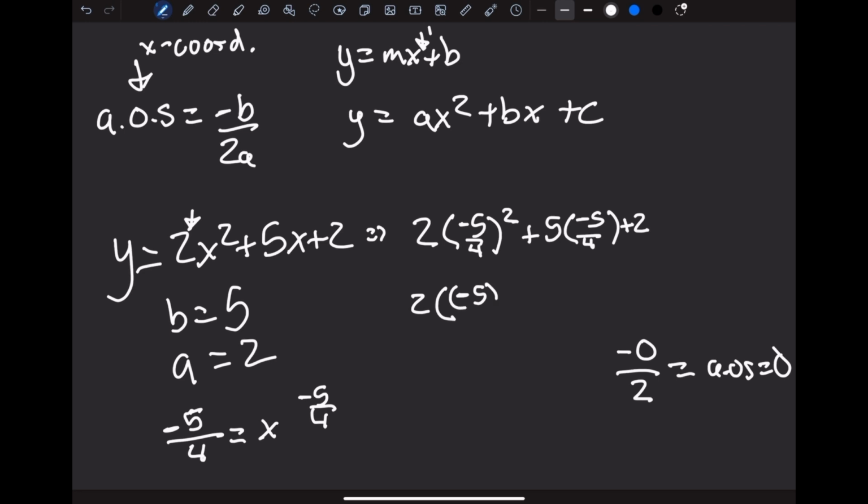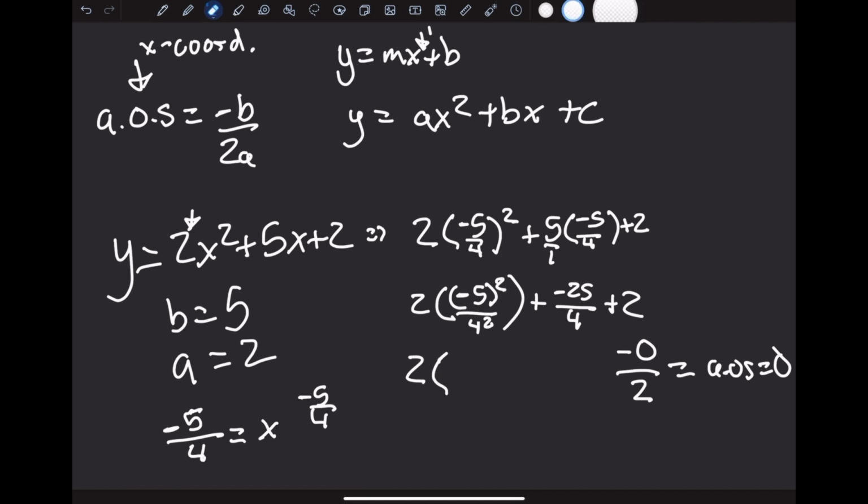So this is negative 5 squared over 4 squared, plus negative 5 times 5 over 4. Think of this as over 1, so you just multiply across to get negative 25 over 4, plus 2. Now 2 times negative 5 squared gives you 25 over 16, minus 25 over 4 plus 2. We'll end up combining like terms, but for now, this is okay.